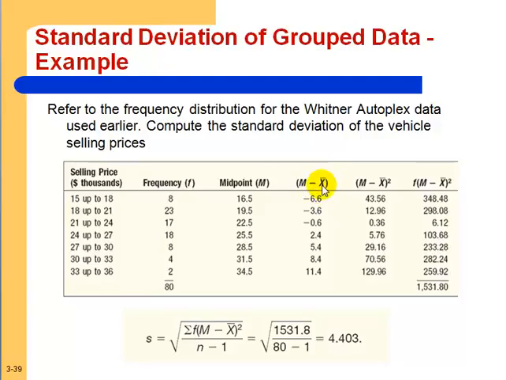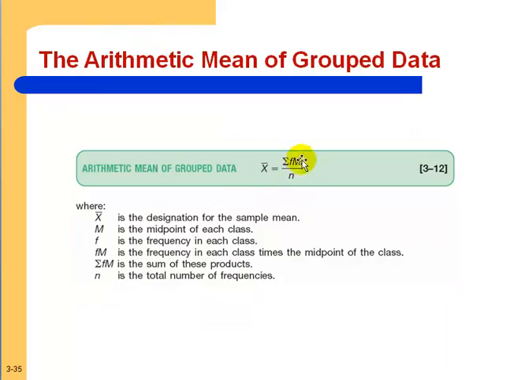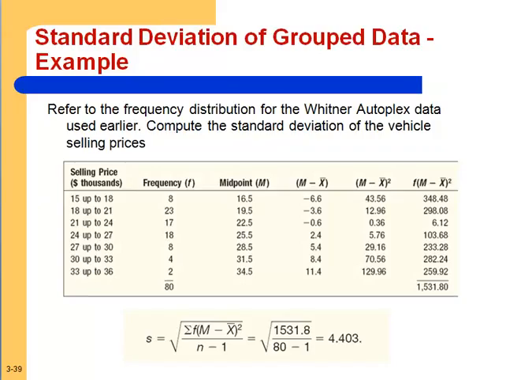We calculate the x bar using this formula. Remember, we use this formula to find the mean of the grouped data, and then we use the midpoint minus it, square it, then times the frequency for each class, then sum them up, and we get this number.